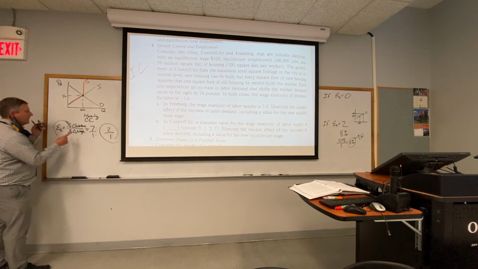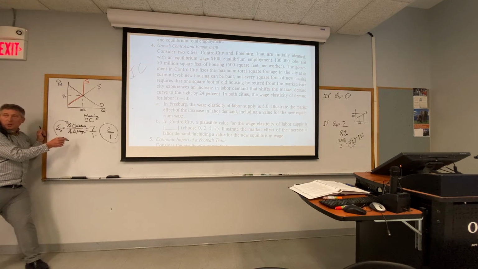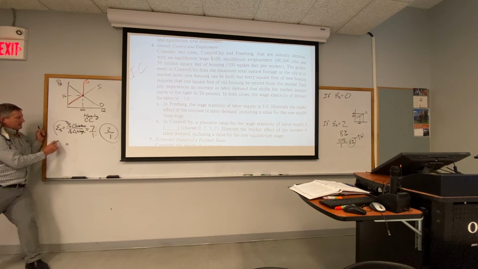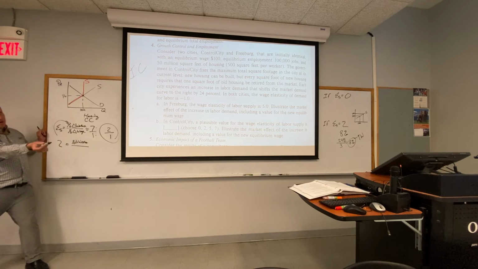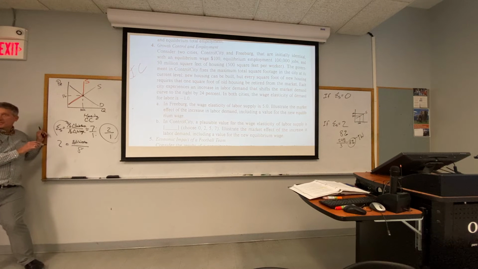Okay, so we're kind of right here, right? Elasticity of supply, the response of the number of workers. So elasticity of supply was 2, right? Because that's what we chose. And then we got the percentage change in the number of workers divided by the percentage change in the wage, which you just calculated was 8. So 8 times 2 is 16.